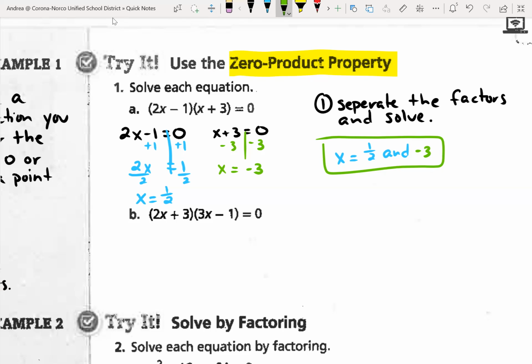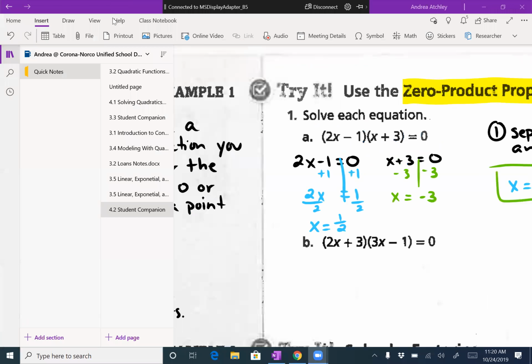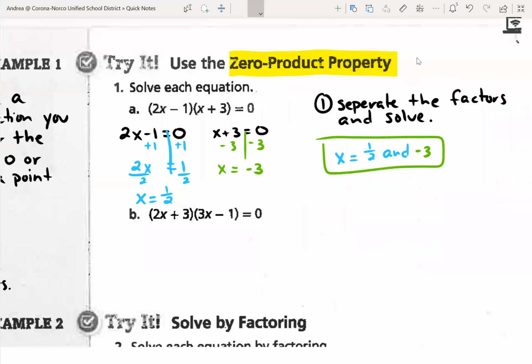Okay, you guys do B now. Solve B for me. Okay, does someone have the answers here?